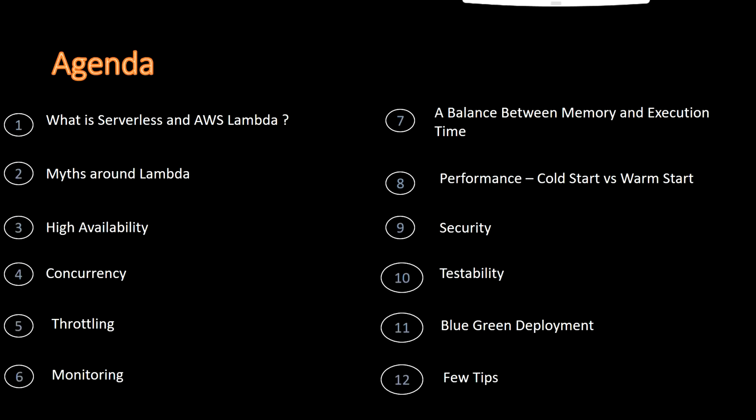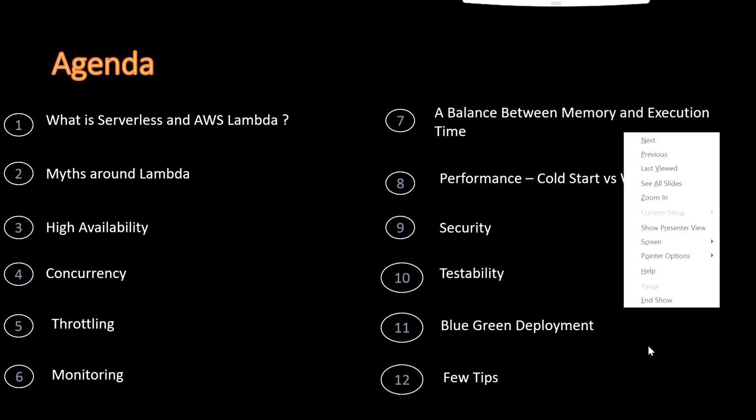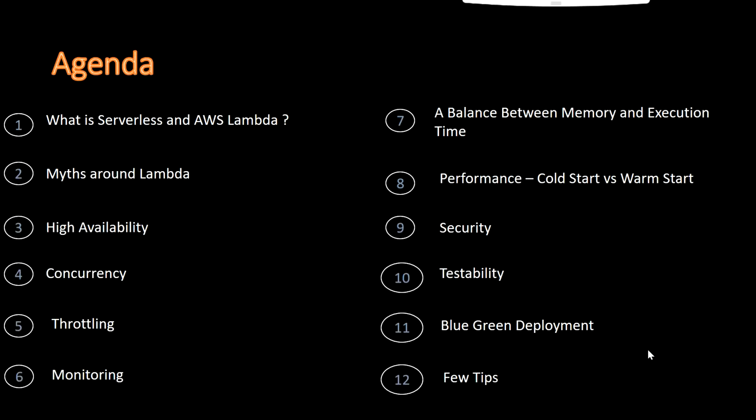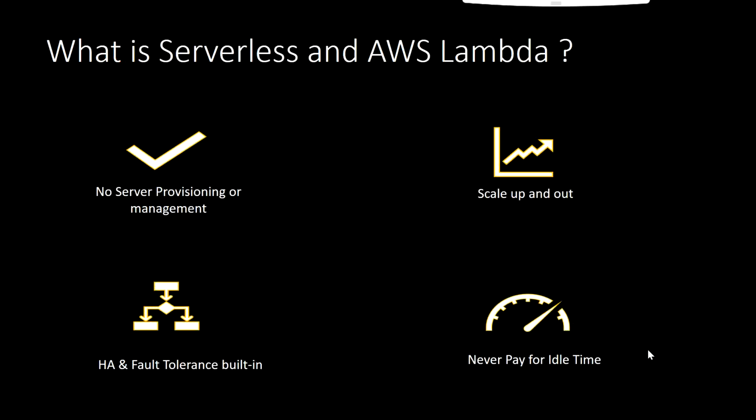So let's first talk about what serverless and AWS Lambda are. Serverless applications are the ones where you don't need to manage any servers. The platform takes care of it for you.